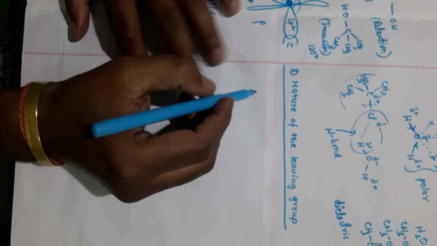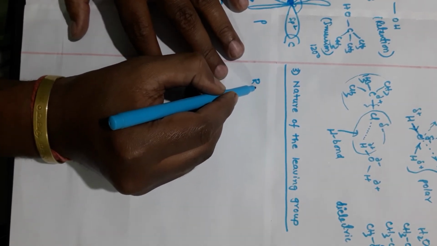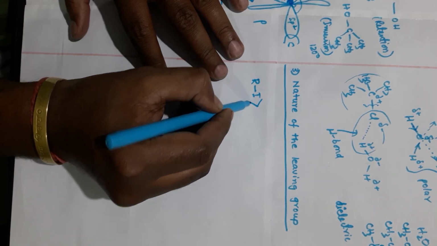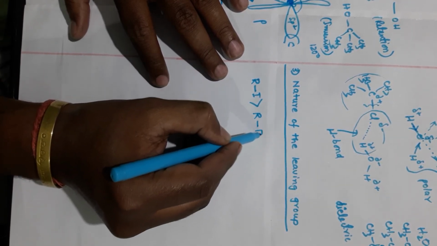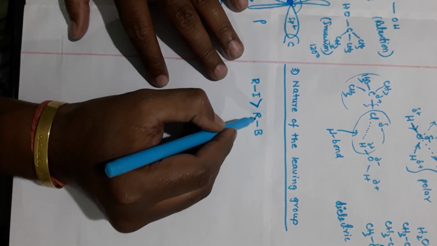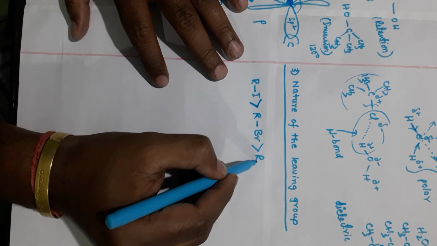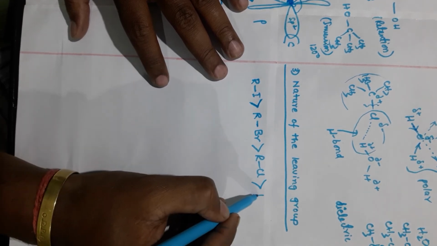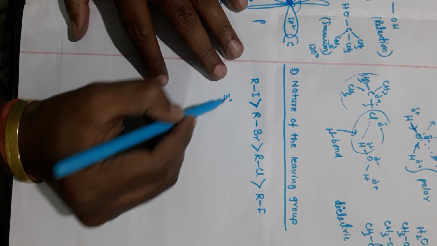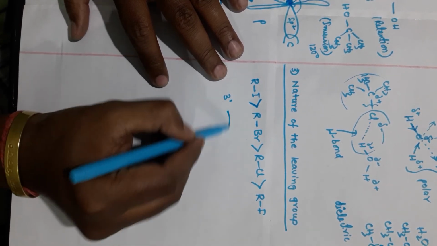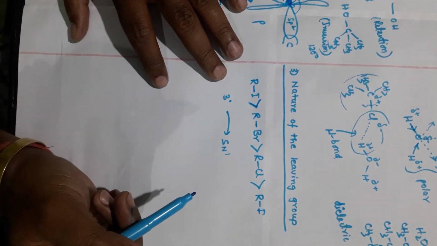Coming to the next one, there is the nature of the leaving group. For Sn2, whatever the order I have shown, alkyl iodide has higher reactivity over alkyl bromide, then alkyl chloride, then alkyl fluoride. Now I told you that tertiary alkyl halides have higher reactivity for Sn1.